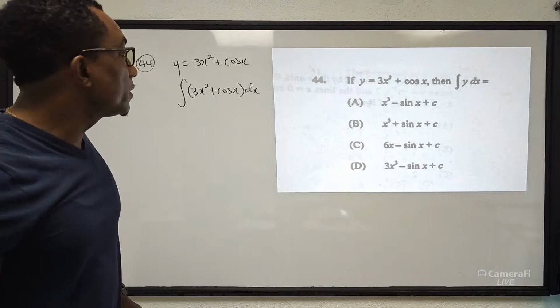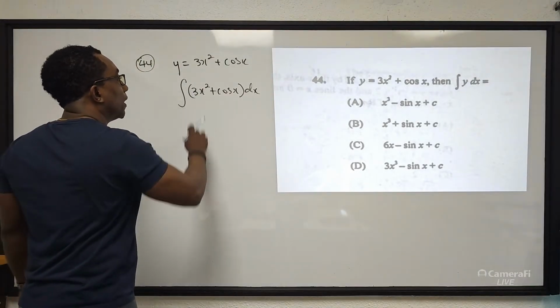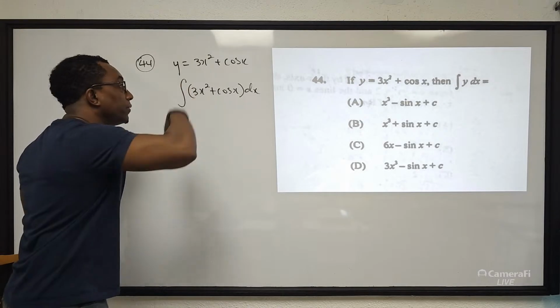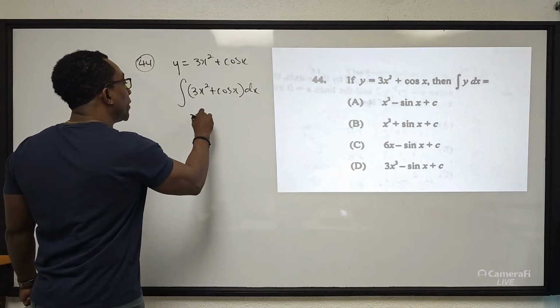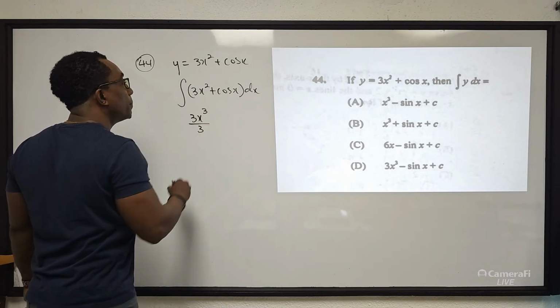Of course, we're going to integrate our first term. When we start integrating, you drop your integral symbol and dx, you add 1 to the power, you divide by the new power.